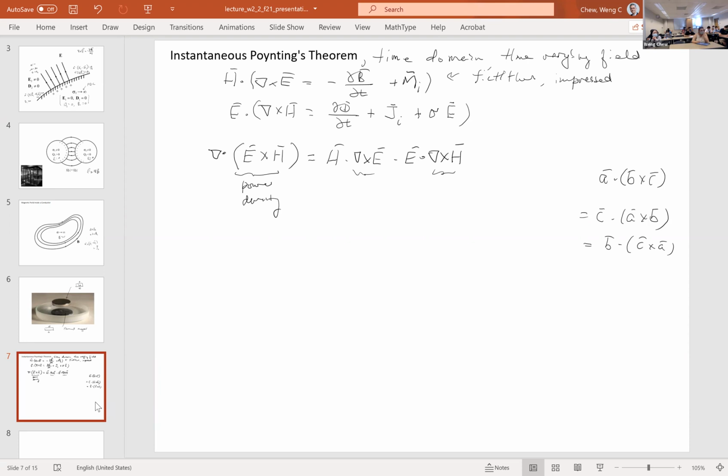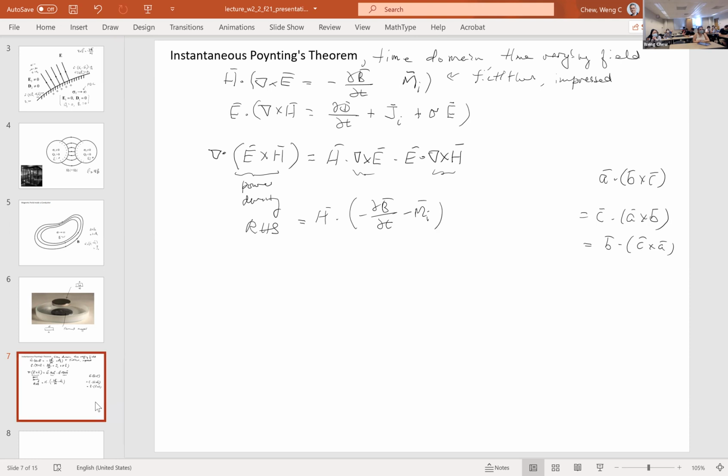I can go back to Maxwell's equation and substitute in what I have, and then the right-hand side of this equation should be equal to H dot, and taking from Maxwell's equation, this should be H dot minus dB dt minus M sub R. Okay, I have a sign error here.